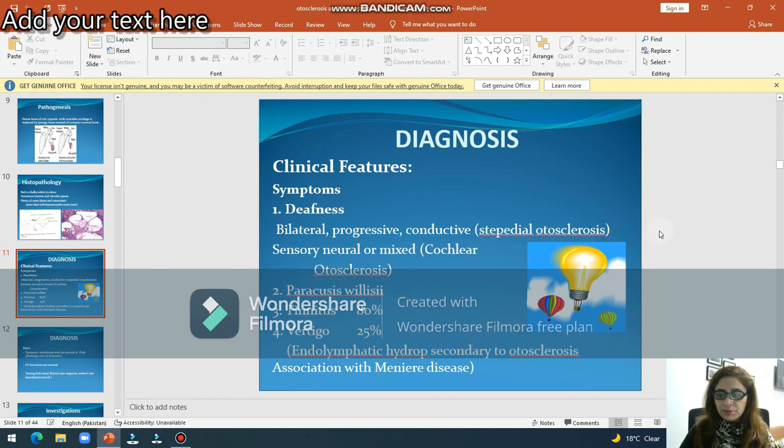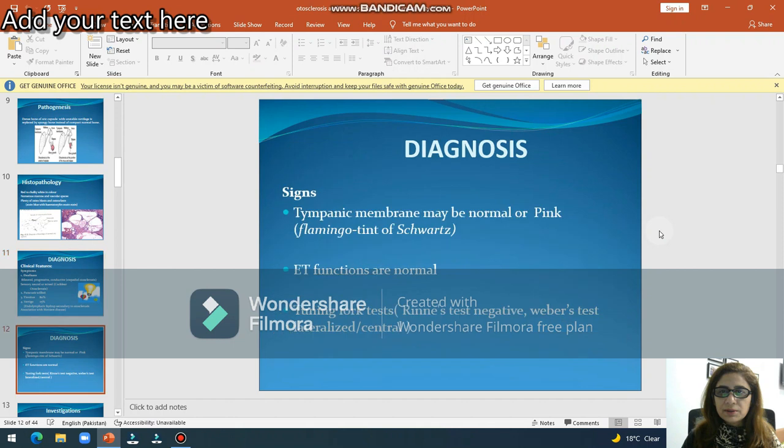So symptoms may resemble Meniere's disease. So you have to include otosclerosis while discussing the differential diagnosis of Meniere's disease. So what are the signs? If there is active disease, immature bone is more vascular. So you can see a pink hue, pink color, through the tympanic membrane.